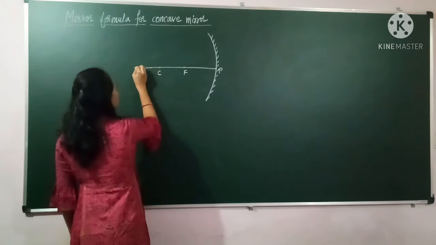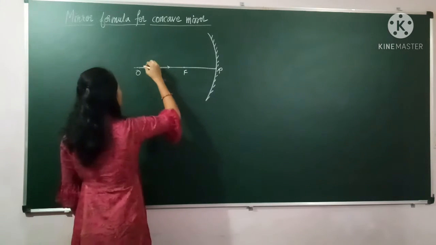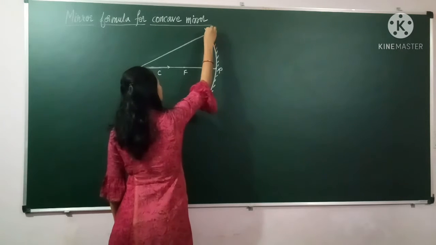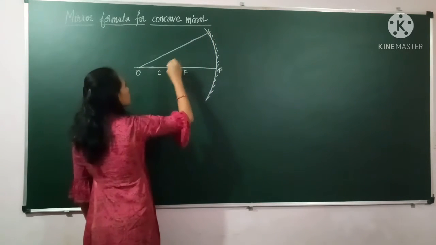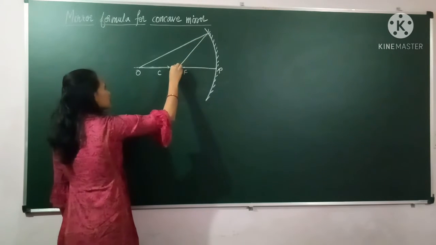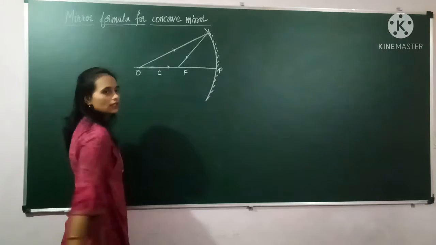So one ray from the object will pass along the principal axis, and one ray will strike here. After that, it will form an image by reflecting the ray back. So this is the incident ray and this is the reflected ray.